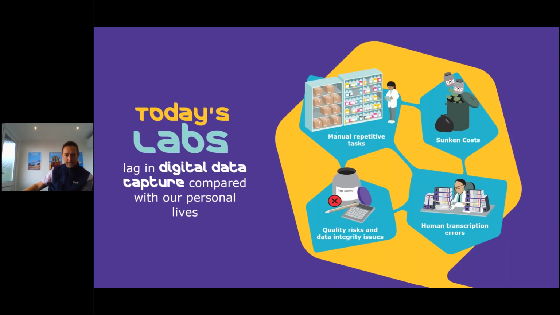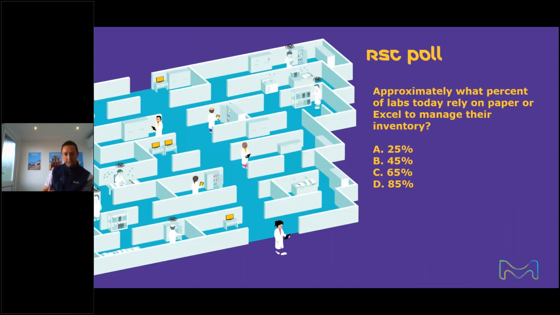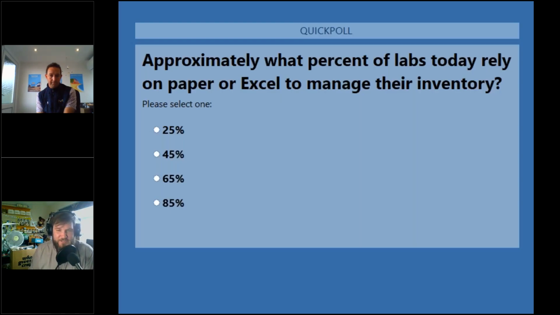And I just wanted to host a little poll here, and I think Ben, is that something you're able to facilitate for us at this point in time regarding this question? It is, yeah, we can certainly get this. So let's see what people think. Approximately what percentage of labs today rely on paper or Microsoft Excel, or other spreadsheet software, to manage their inventory?